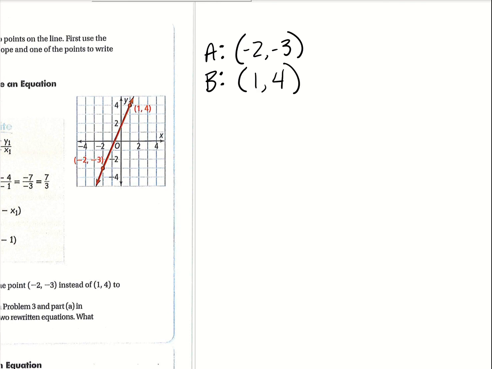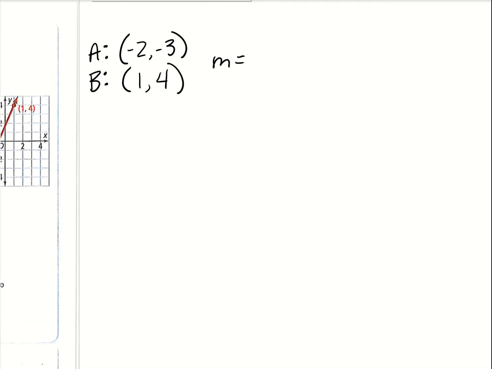The first thing we need to do is get our slope. Our slope formula, in case you don't remember, was m equals y2 minus y1 over x2 minus x1. We're going to plug in our points A and B. I'm going to use A as point 1 and B as point 2.